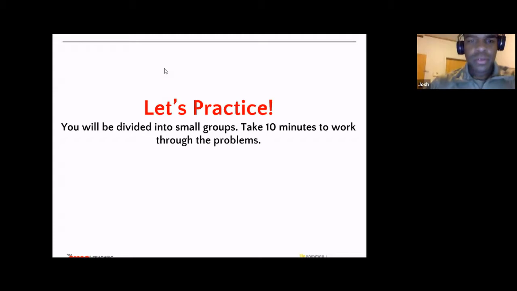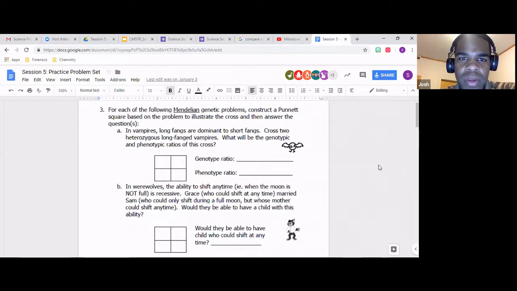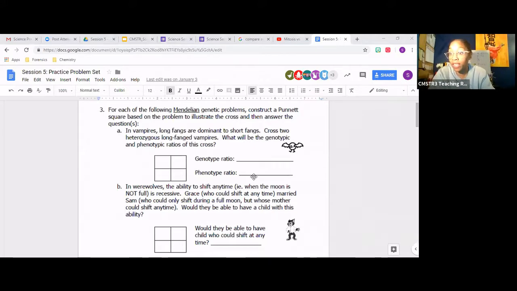All right, so this is gonna be a Punnett square. Vampires, long fangs are dominant, so I guess L, and two heterozygous long-fanged vampires. So big L, little L again. Oh, hold on one second. Somebody asked me for help, but yes, I'll be right back.